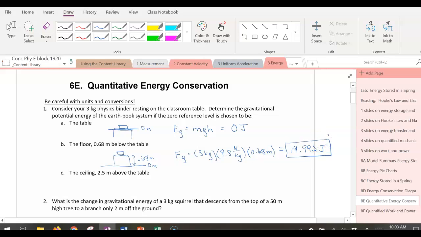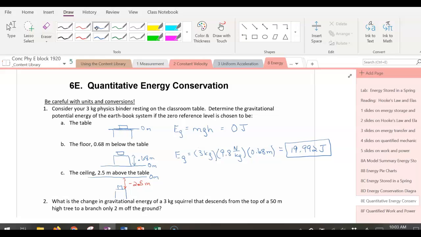Okay. What if we have the same table with the same book, but now we're saying the ceiling is where the zero reference point is, and this book is actually 2.5 meters below the ceiling. So it's like you dug a hole in the ground.